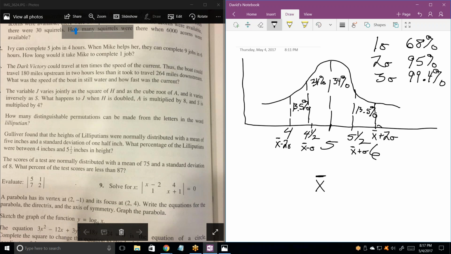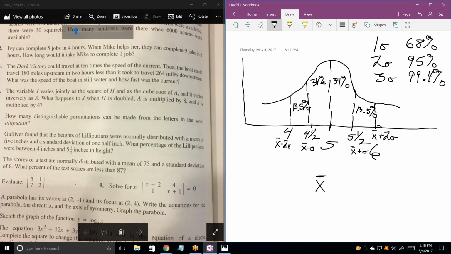So, you see why 68% of the data is within 1 standard deviation. That would be from 4.5 to 5.5. That's 1 standard deviation from the mean. 95% of the data would be between 4 and 6, because that's 2 standard deviations from the mean.